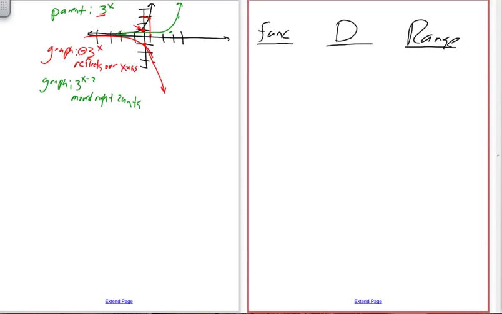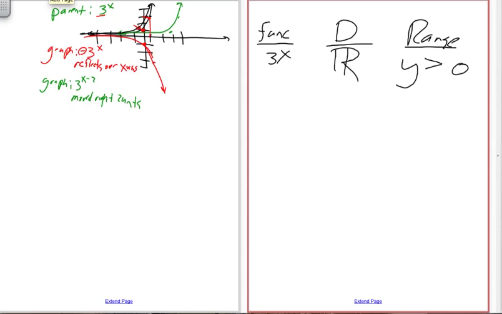So if I have 3 to the x, you can see it covers all negative x values. It also covers all positive x values. So my domain is going to be all real numbers. And this is true of just about any exponential. My range, however, this thing approaches 0 but never gets there. So my range is going to be y is bigger than 0.